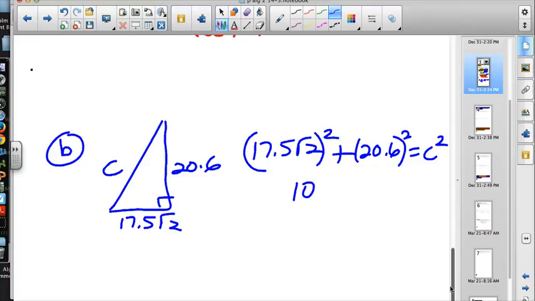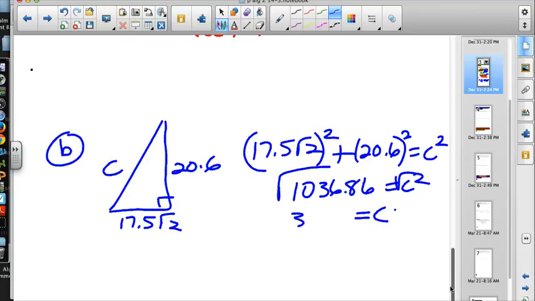And when you punch all of this in over here, it's about 1036.86, and then you take the square root. And again, we're just going to ignore the negative here, and it's approximately 32.2 meters. So that would be what we need to do there.